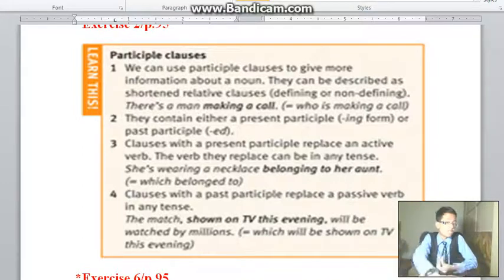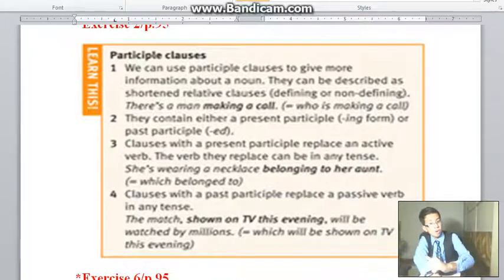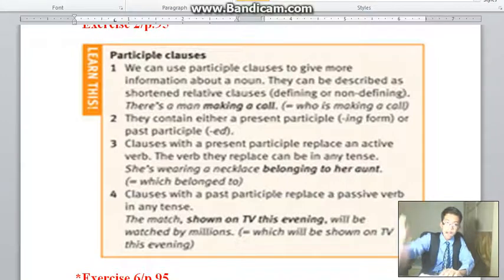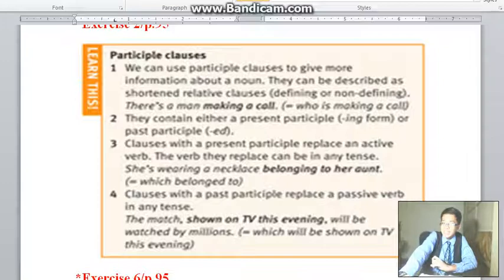You can see because it is in the ed. But when we replace it with the present participle, it can be in any tense. She's wearing a necklace belonging to her aunt. Alright, easy to know.